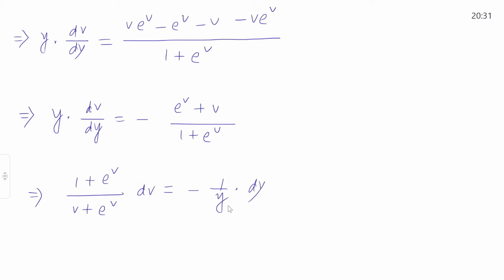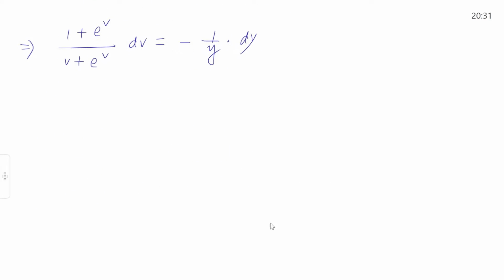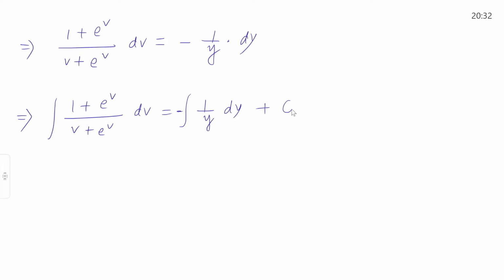Now just integrate it. Integration of 1 plus e to the power v divided by v plus e to the power v dv is equal to integration, minus is here, integration 1 by y dy plus some constant of integration c1.